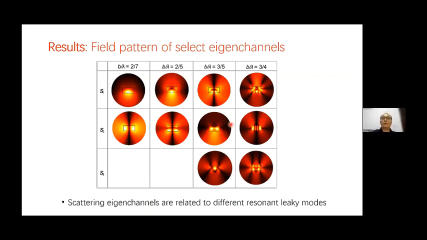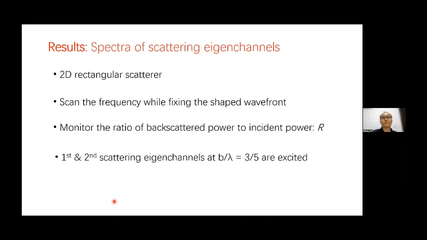Moreover, we see there are bright spots, even many bright spots inside or around the nanoparticle. This means we actually couple light to different resonant leakage modes by exciting different scattering eigenchannels. So this is what we see from these field patterns.